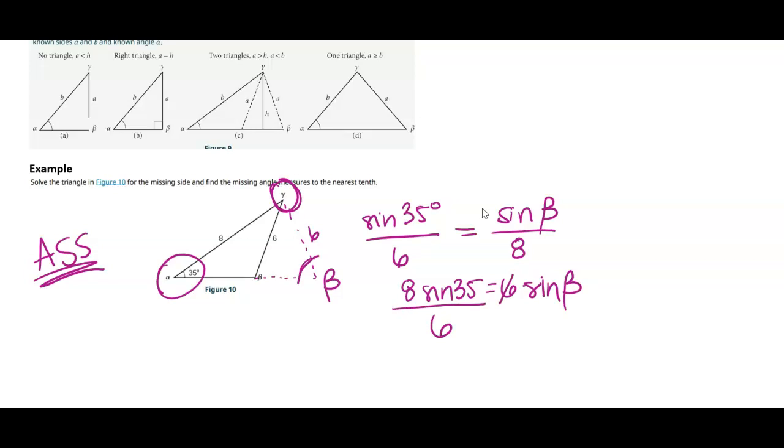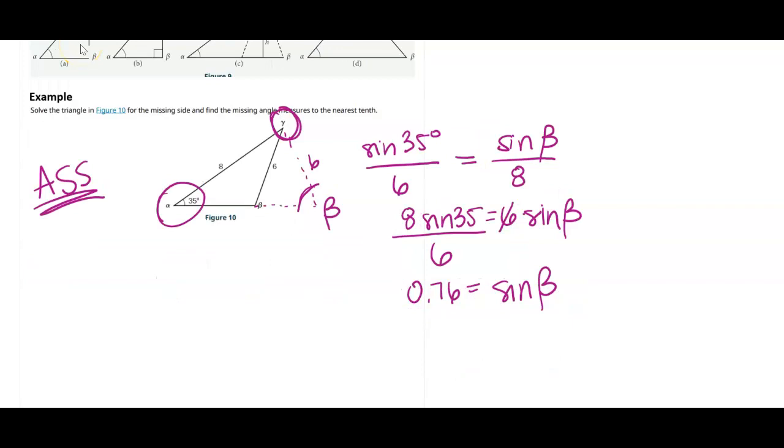I need to know what the sine of 35 is, times 4, divided by 3. And so 0.76 is equal to the sine of beta. And then I need to take the inverse sine of that, which on your calculator, because you wouldn't know how to do that necessarily without the calculator, you end up getting 49.9.